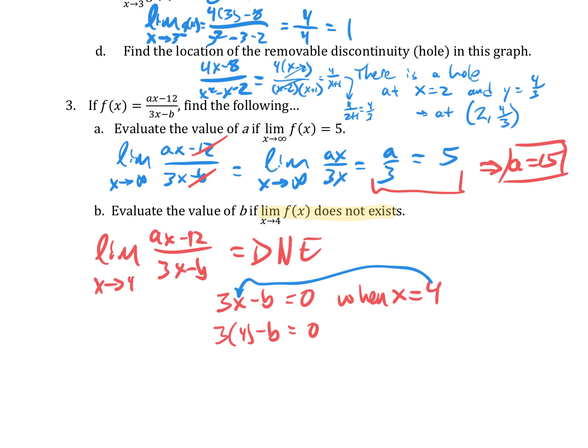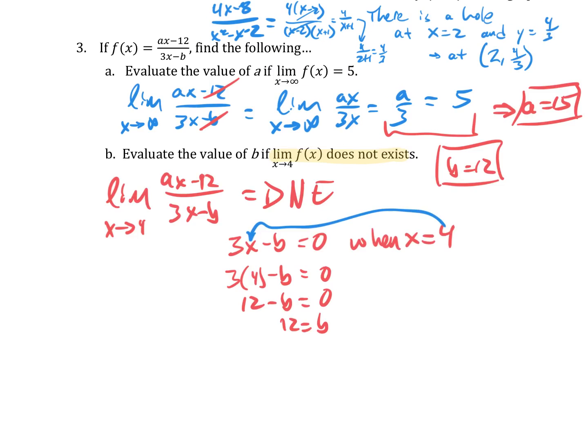Well, you can kind of see what's going on there. 12 minus b equals 0, so 12 equals b, right? So if b is 12, then the bottom is 0, and we'd also have to have an a so that we can factor that out. A would not be 1, but that's what would have to be the case there. All right?